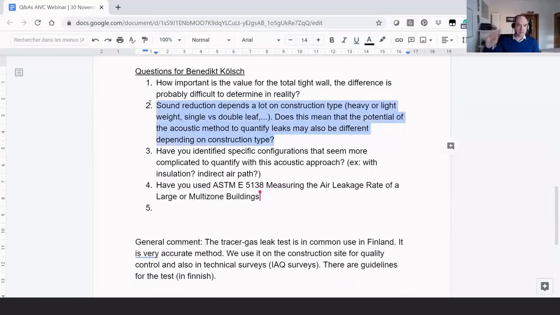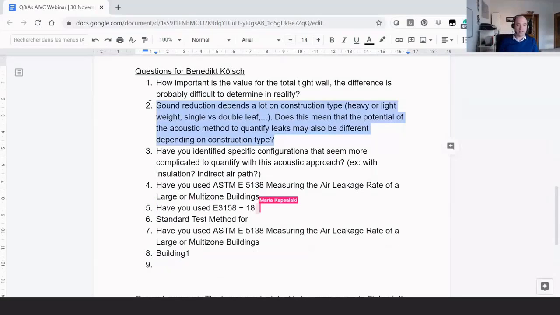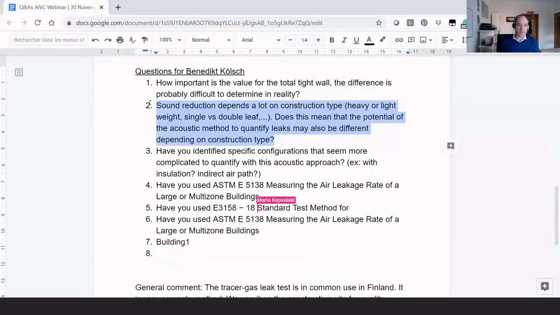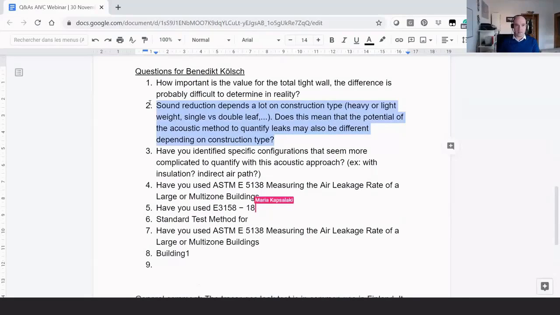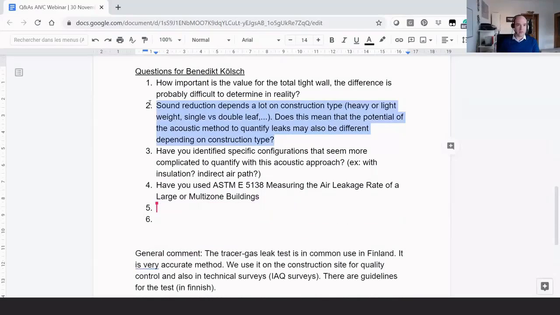The outliers in this correlation were predominantly measurements with non-parallel leakage paths, which might be as expected, and the very small leaks. For very small leaks, the influence of the construction was higher than for larger leaks. So we still have to advance these methods for very small leaks, and for application in real buildings it might be very hard to get indirect air paths with an acoustic method due to dampening inside the walls and all these effects.